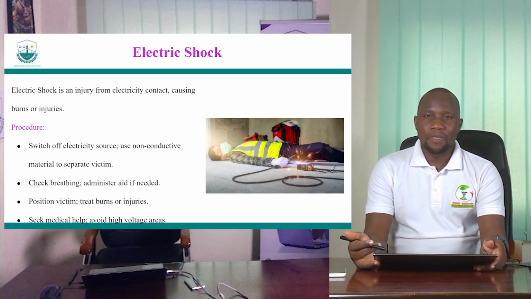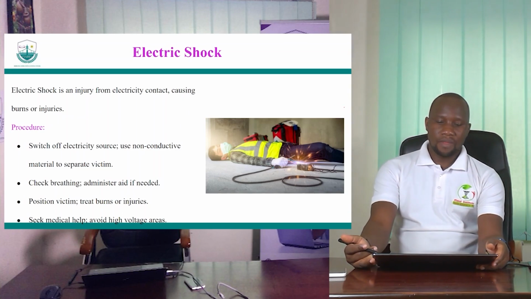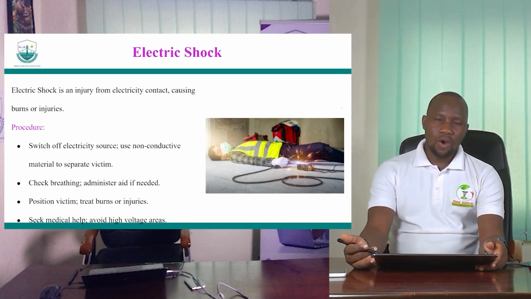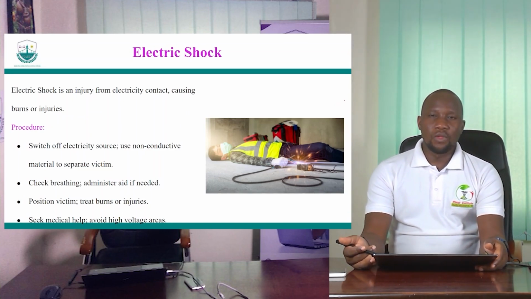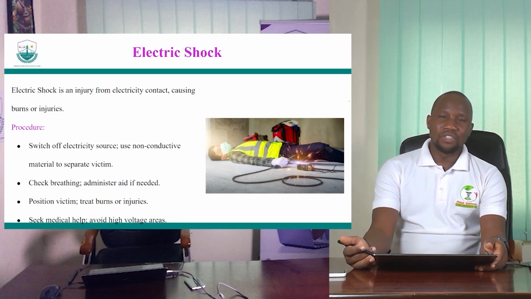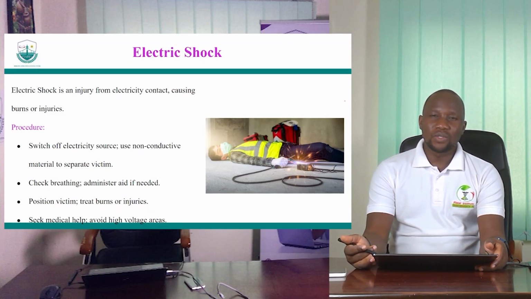So switch off the source of the electricity. That means make sure you clear the environment such that there is no other hazard around. If you're not very sure, you can use a non-conductive material to move the person away from the wires.